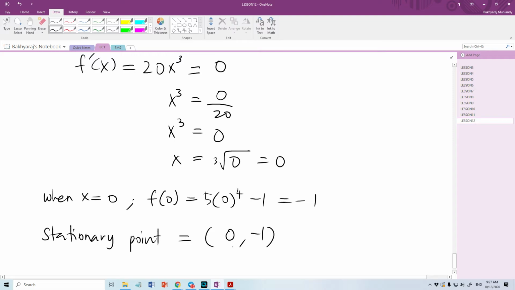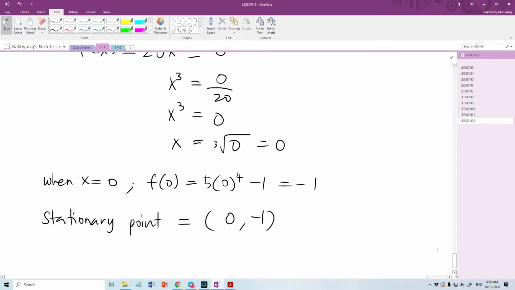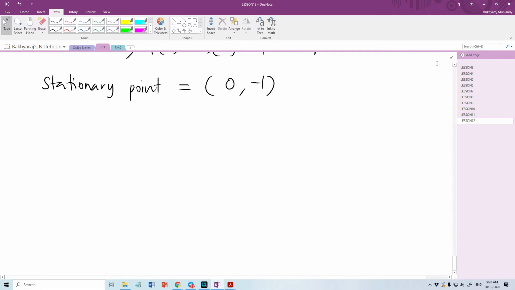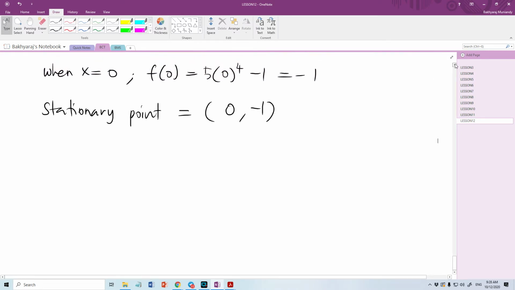Okay, so once we get the stationary point, then I need to decide whether the stationary point is minimum, maximum, or point of inflection. Saya kena decide lah. Okay, number 2, we go for the second part, which is we need to decide whether it's a minimum, or maximum, or it is a point of inflection.